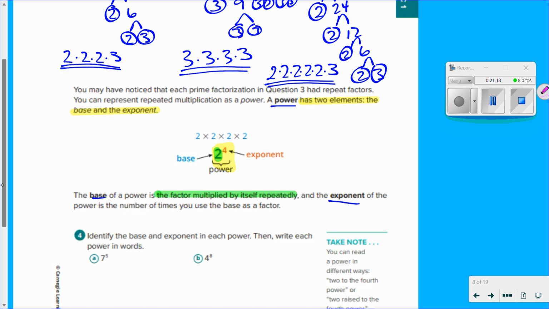The exponent is the number of times you use the base as a factor. So this little number is the exponent. Most of us think of an exponent as the whole thing. Most commonly, we think of the power as an exponent. The exponent, though, is actually just the little number. It's telling me how many times I'm multiplying 2 by itself.